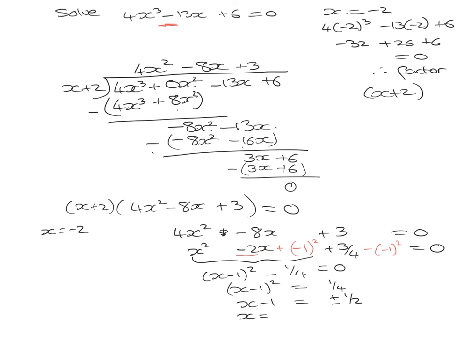So x is going to be 1 plus or minus 1/2. So that's going to be x is 1.5 or x is 0.5. And don't forget the -2 that we saw before. Okay, so once you get to the quadratic, you can solve it by factorising or by completing the square or any other method that works.